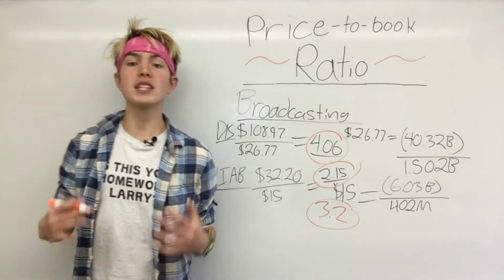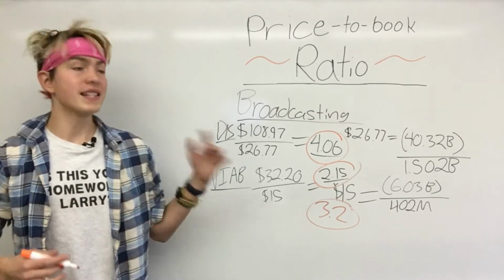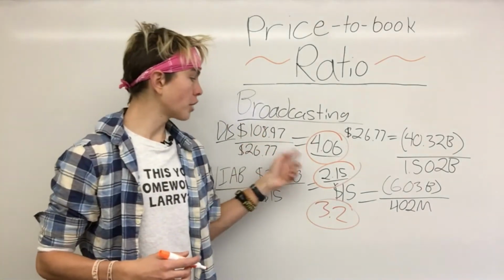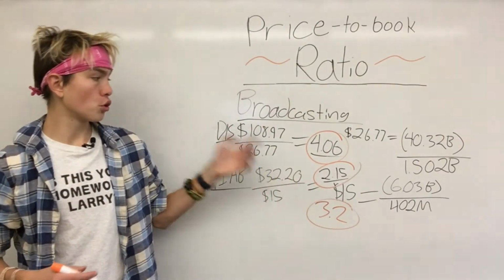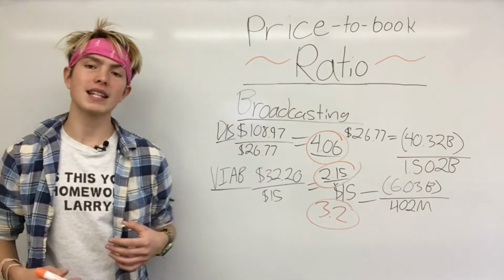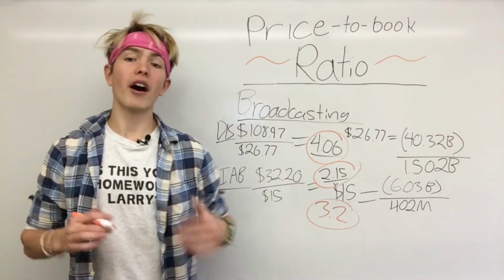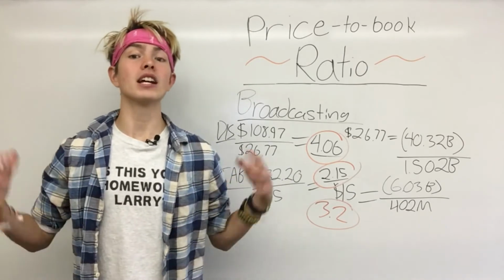So if you were just using this metric, you would conclude that Disney is a more overvalued company than Viacom, in comparison to the price to book ratio of the broadcasting industry, and in comparison to the 3.5 price to book ratio of the S&P 500 index in general.